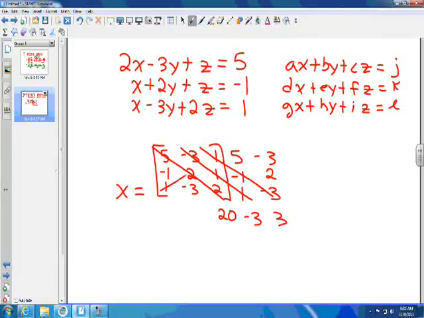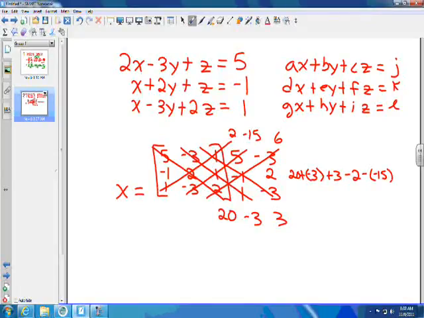So your diagonal's going the other way. 1, 2, and 1, you get 2, -15, and +6. So 20 plus negative 3 plus 3 minus 2 minus negative 15 minus 6.